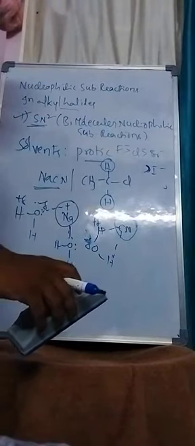I minus can form a bond with the hydrogen, so it can't come and participate in the nucleophilic substitution reaction easily. So the size of the nucleophile decides the SN2 reaction here.